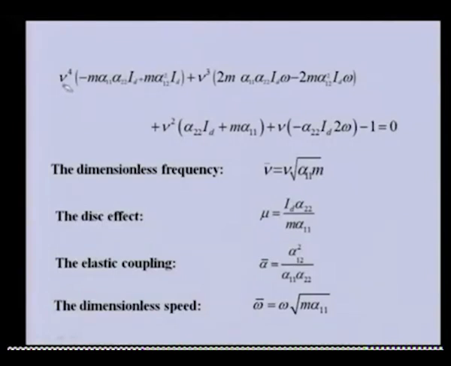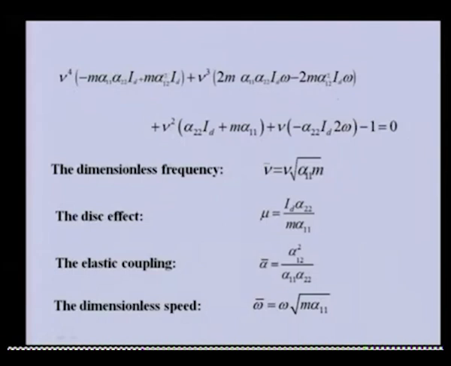This will be a 4th degree polynomial in terms of ν, which is the whirl frequency, and in general obviously we expect 4 roots, 4 solutions of this, but here so many parameters are involved.